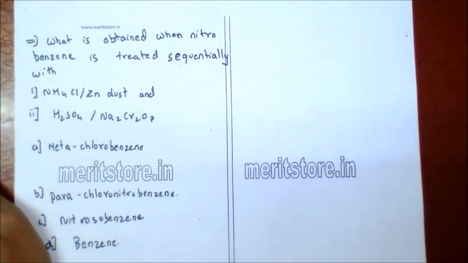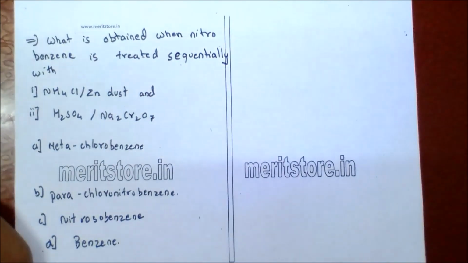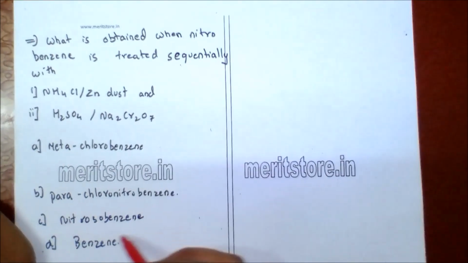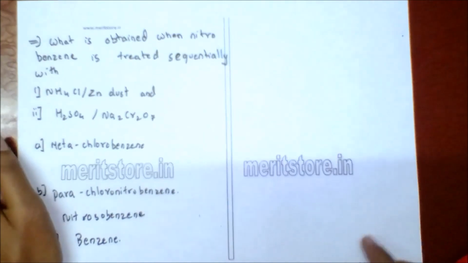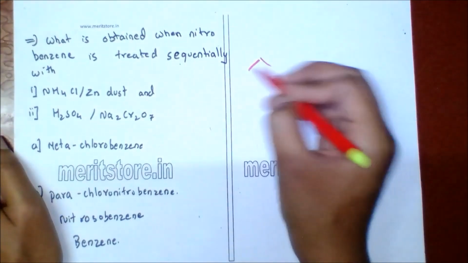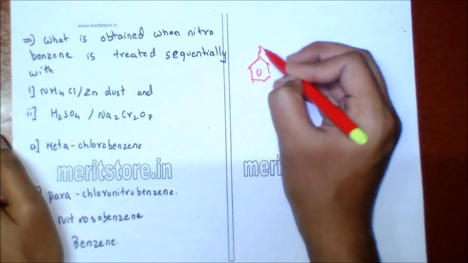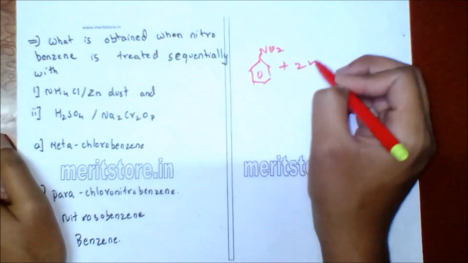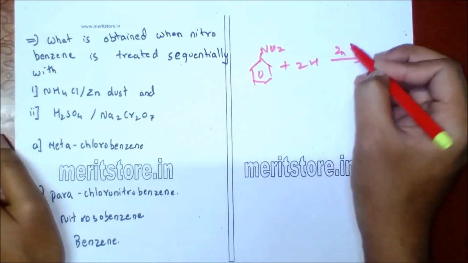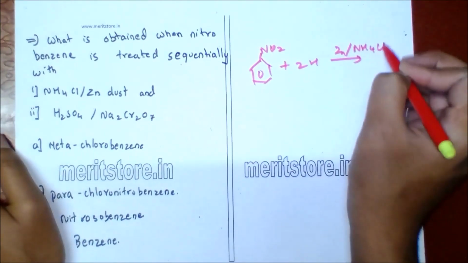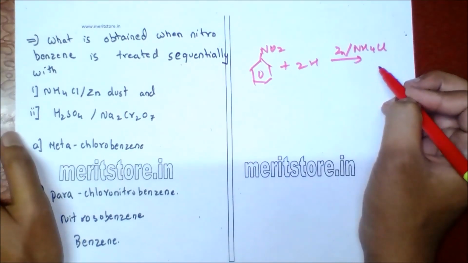What is obtained when nitrobenzene is treated sequentially with ammonium chloride, zinc dust and H2SO4 in presence of Na2Cr2O7? A. Metachlorobenzene, B. Parachloronitrobenzene, C. Nitrosobenzene, D. Benzene. So when nitrobenzene plus hydrogen in presence of Zn and NH4Cl will give phenyl hydroxylamine.